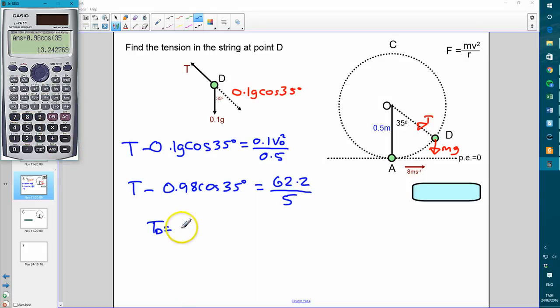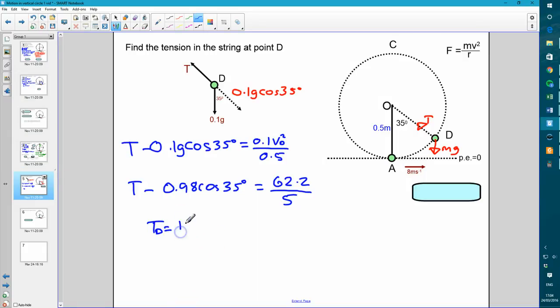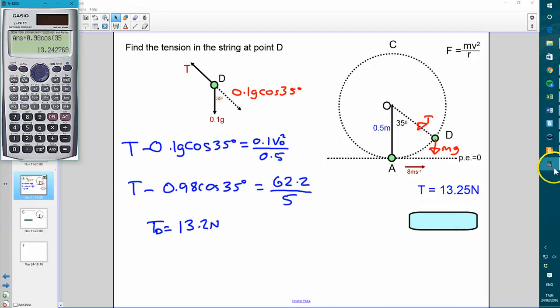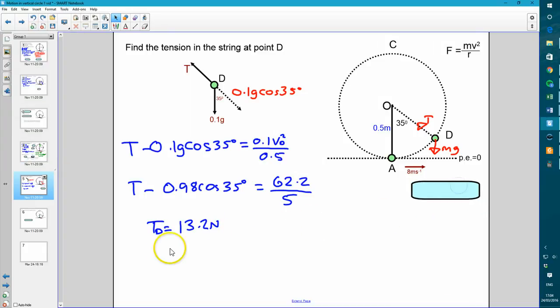And that tells me that it's 13.2 newtons. We'll just check that over here, and it's in fact 13.25 newtons, because we rounded this number here. If we would have used the exact version of this, then we would have got 13.25 newtons, but I'm happy with 13.2 newtons for the time being.